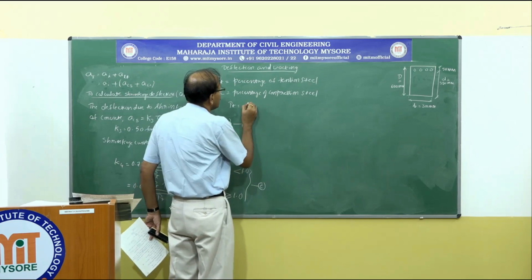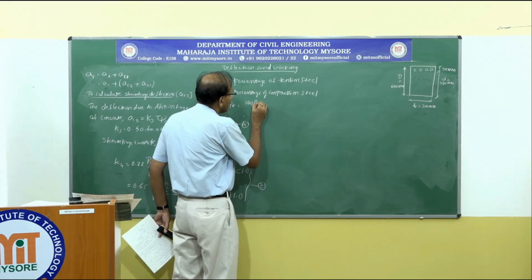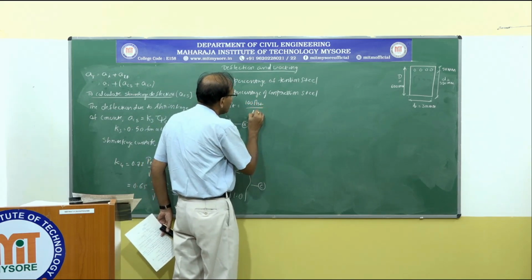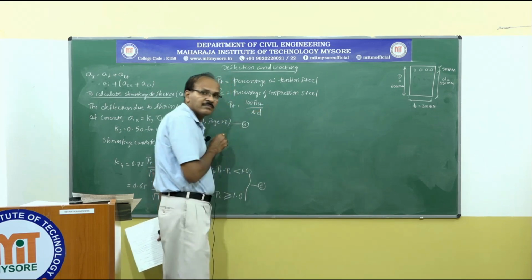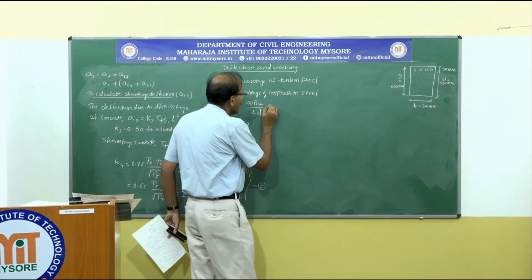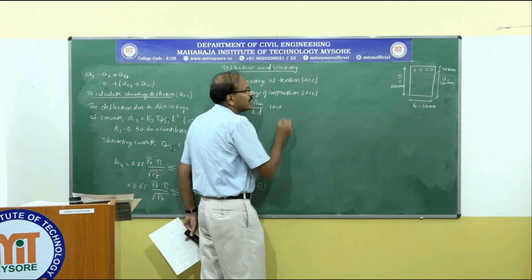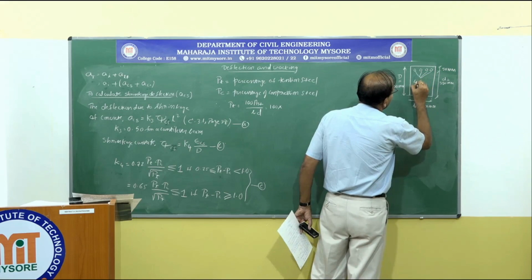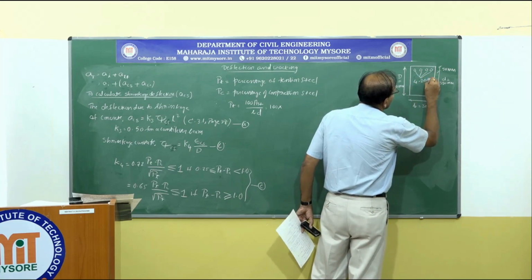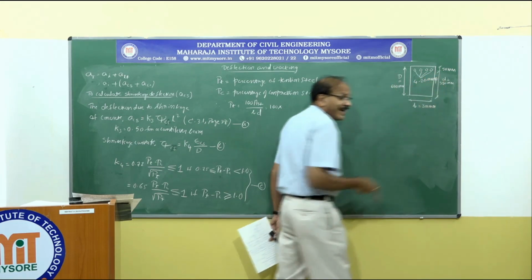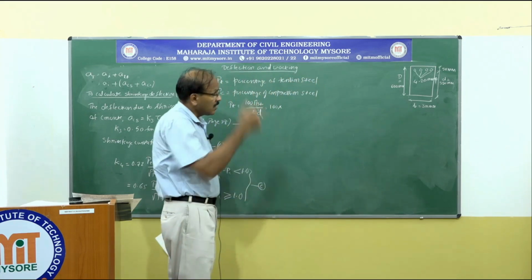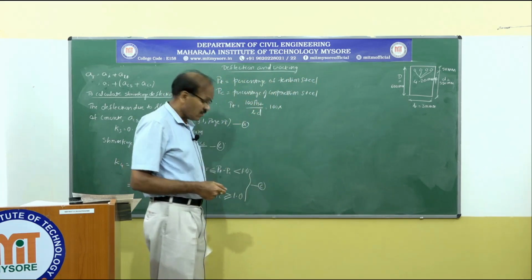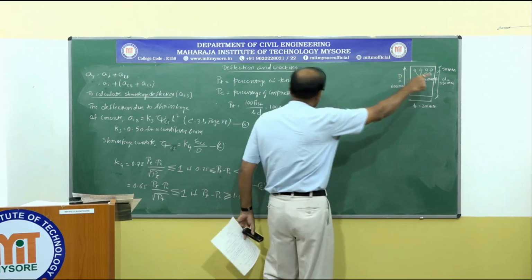Here, therefore, let me first find out the percentage of tension steel. PT equal to 100 AST divided by BD. AST is 4 bars of 20 mm diameter. Because this is a cantilever, the top surface is subjected to tension, so these are tension reinforcements.